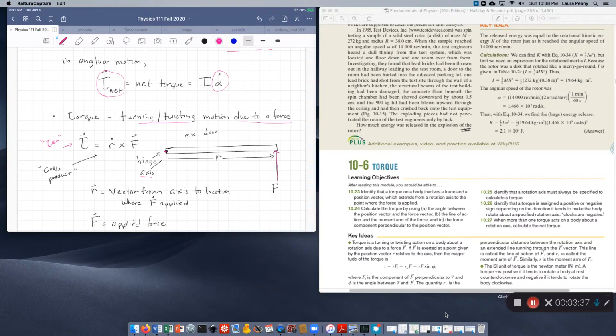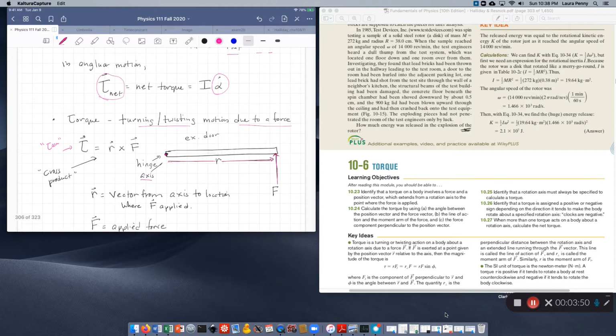There's the force vector, but there's also this R, which could be called the lever arm. It's how far away. R is the vector from the axis to the location where the force is being applied.